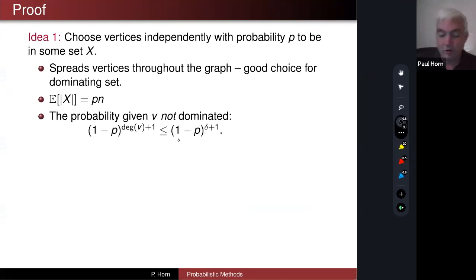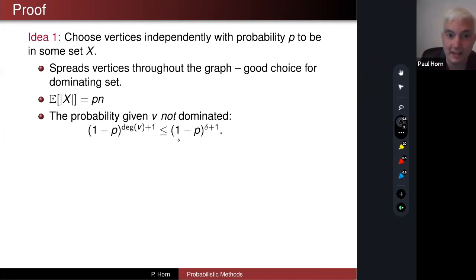And therefore, in some sense, I'm trying to find this without knowing much. So one idea is I just spread a bunch of vertices around randomly and hope they dominate everything. So I'm going to pick some probability p, and I'm just going to sprinkle in vertices. I'm going to select vertices to be in my set with probability p.